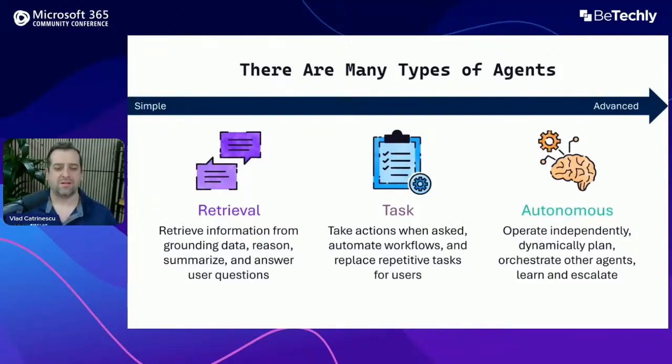You're the one that has to go in there and write your prompt. What if you had an agent that would monitor your Teams, your email, and whatever you wanted to monitor? And depending on the condition, when something comes in, instead of waiting for you to ask to fix it, it will go and fix it by itself using the logic you have trained it. So those are autonomous agents.